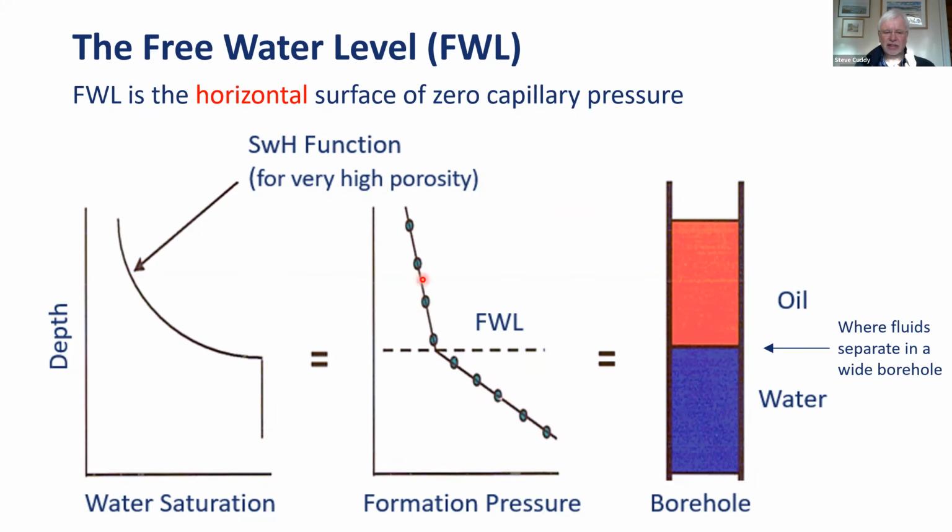Notice that these lines are straight, and they indicate the free water level. So this is formation pressure information. We need it to know the free water level as the basis for our SWI function. And this is shown here for very high porosities.